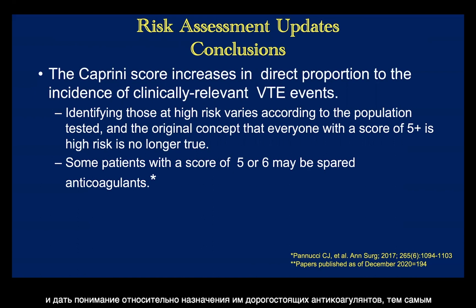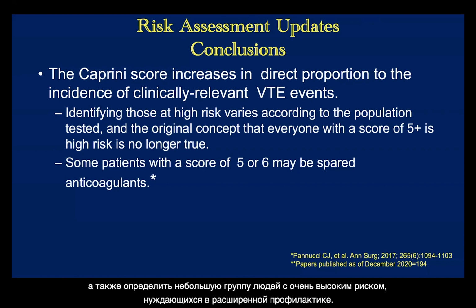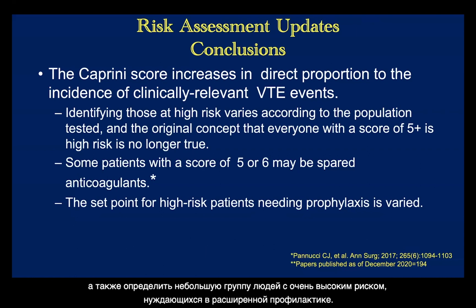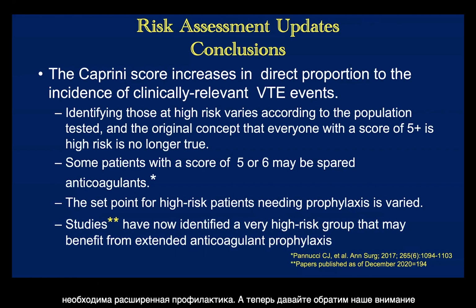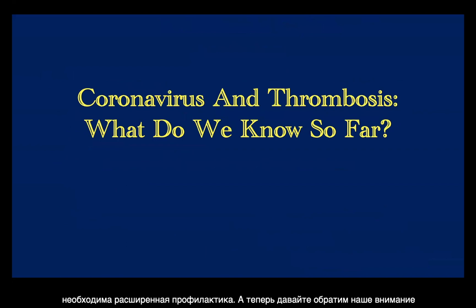Half or more not having to be given expensive anticoagulation, and hence not having to deal with the complications. And then those people at standard risk, and then that small group of people at very high risk that needs extended prophylaxis. And the set point, remember, is varied. And studies have now identified a very high-risk group that may benefit from extended prophylaxis.